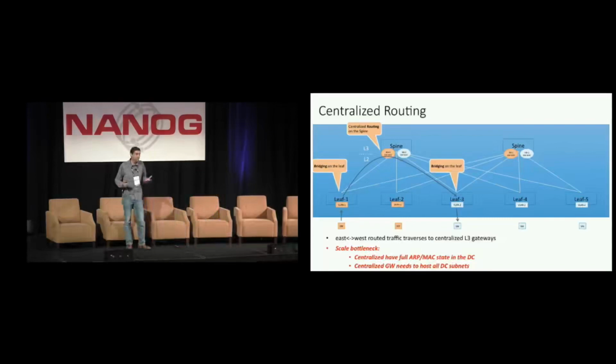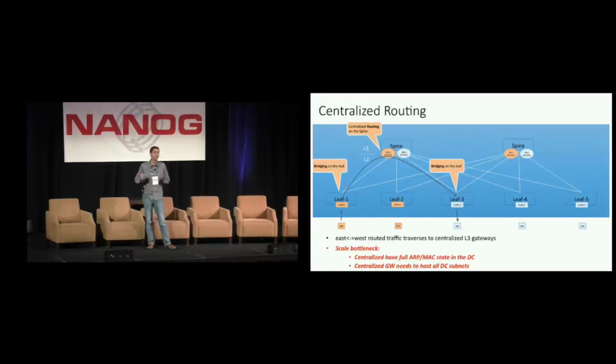So the centralized gateway can do integrated routing and bridging and route inter-subnet traffic. This implies that the centralized gateway has to maintain ARP state or ND state for all the hosts across all the VLANs or subnets that it is a first hop gateway for. So this obviously presents a scale challenge, where you're limited by the ARP or the adjacency scales on that centralized gateway.